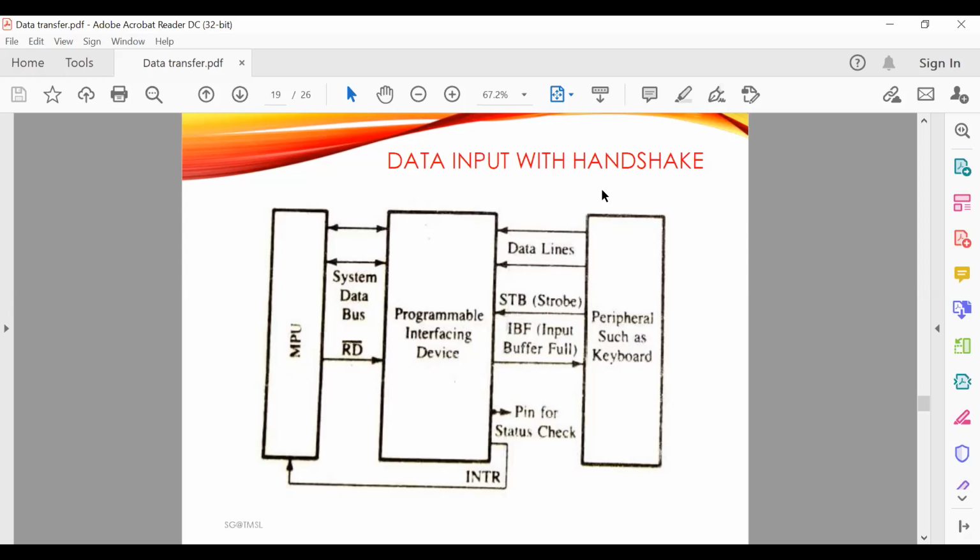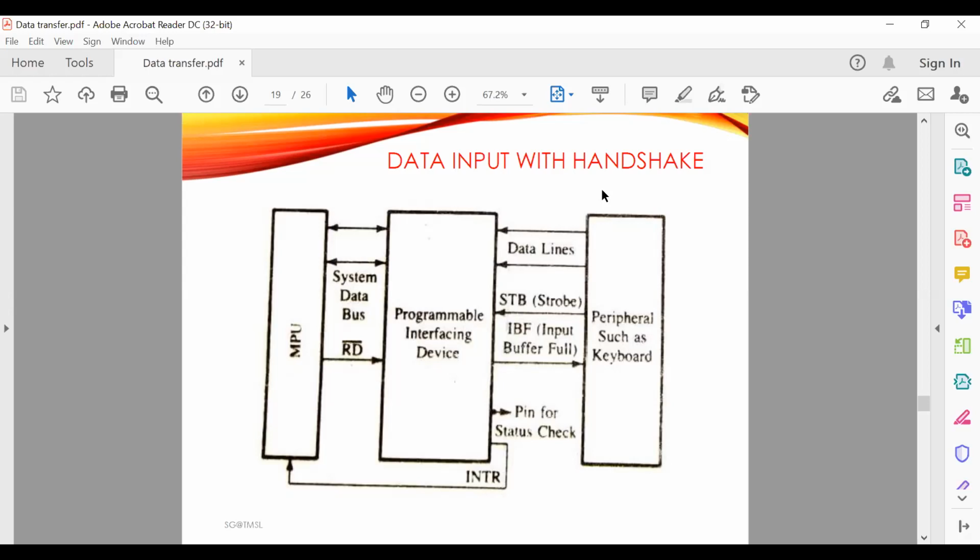Actually, the microprocessor and the peripherals operate at different speeds. Therefore, signals are exchanged prior to data transfer between the fast responding microprocessor and the slow responding peripherals, such as printers or data converters. These signals are called handshake signals.